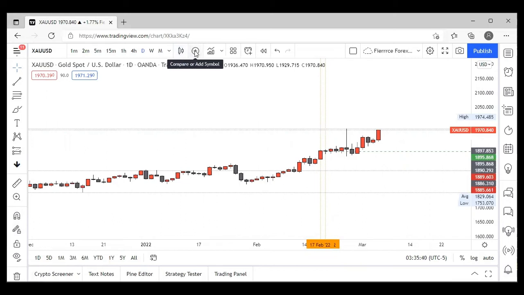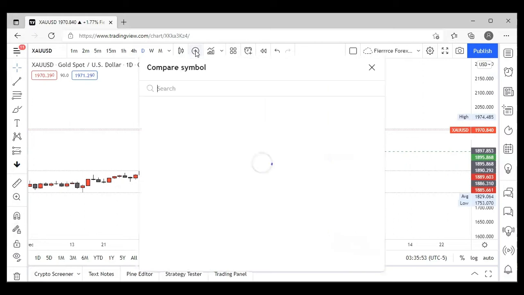Now, the next icon says compare or add symbol. This allows you to see multiple charts on your screen. Let me just click on it so that you can understand.